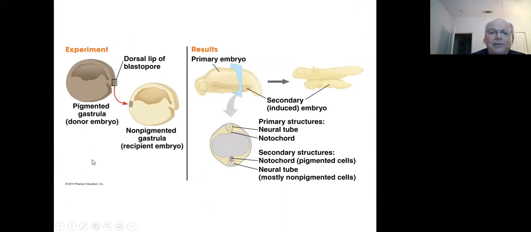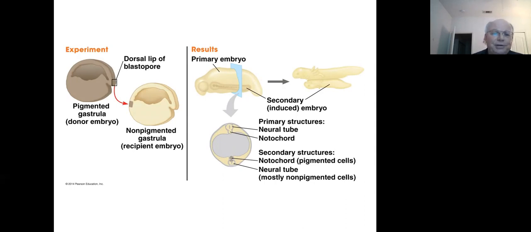So they took advantage of the fact that salamander embryos come in two forms, a highly pigmented form in some species and an unpigmented form in other species. And they transferred tissue from various locations in the pigmented embryos into different locations in the unpigmented embryos.